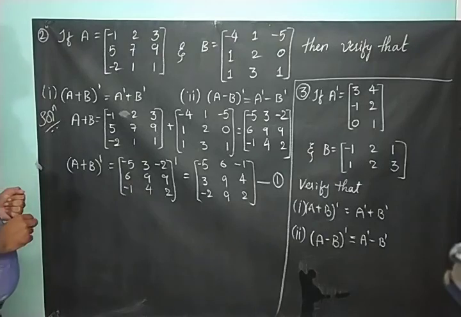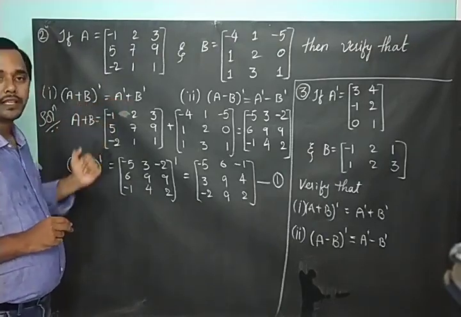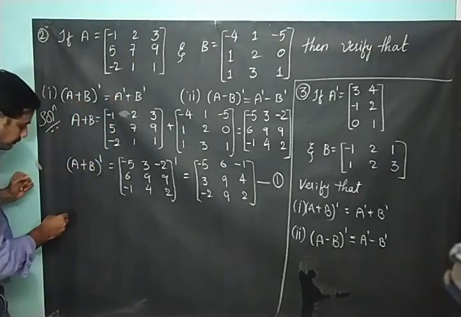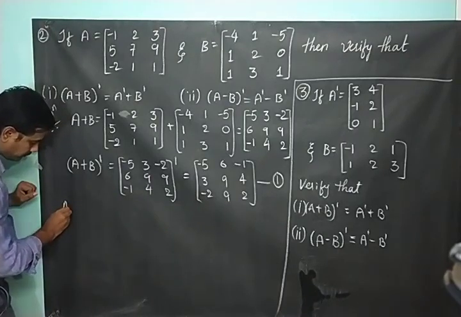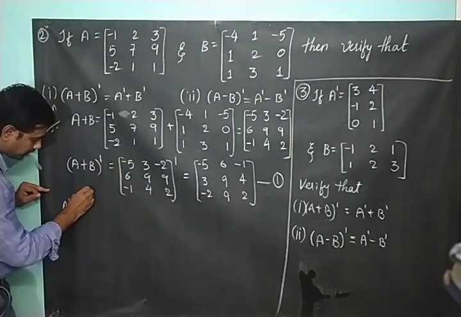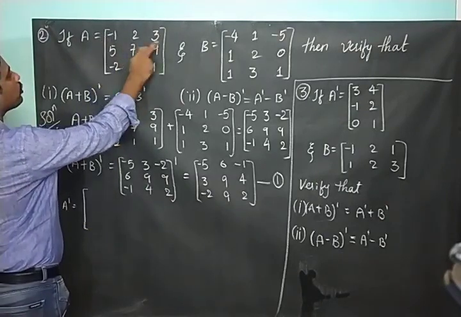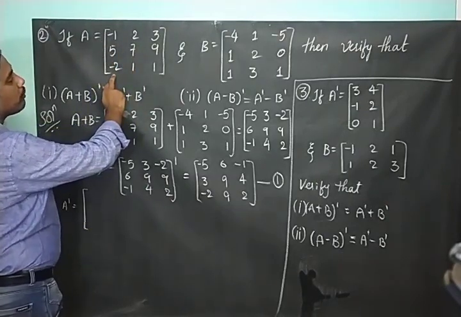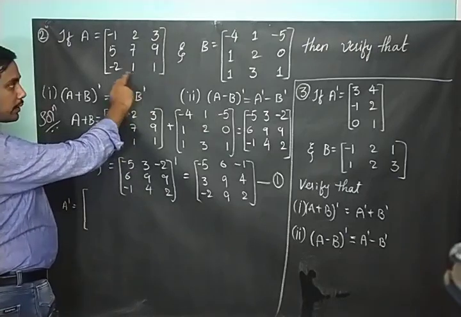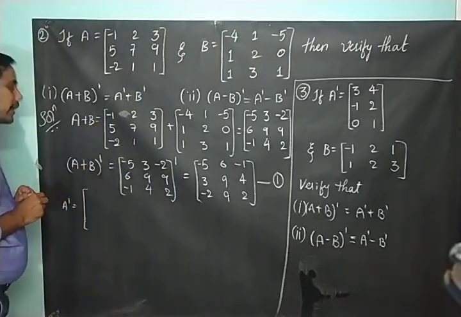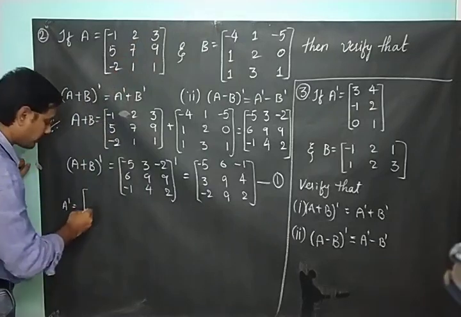Now the RHS. What do we have in the RHS? A dash plus B dash. Right? A dash is what? See, A we have is minus 1, 2, 3, 5, 7, 9, minus 2, 1 and 1. So A dash will be, rows should be written as columns.